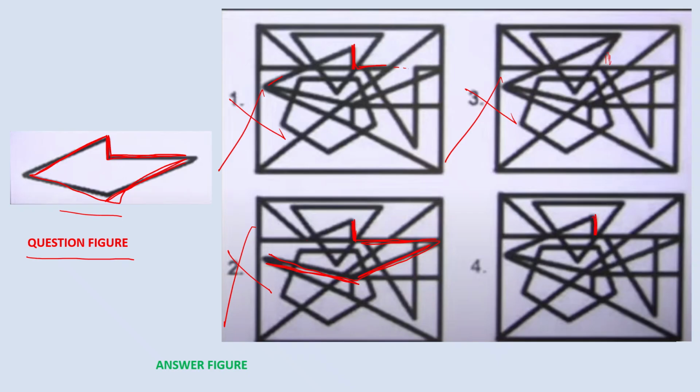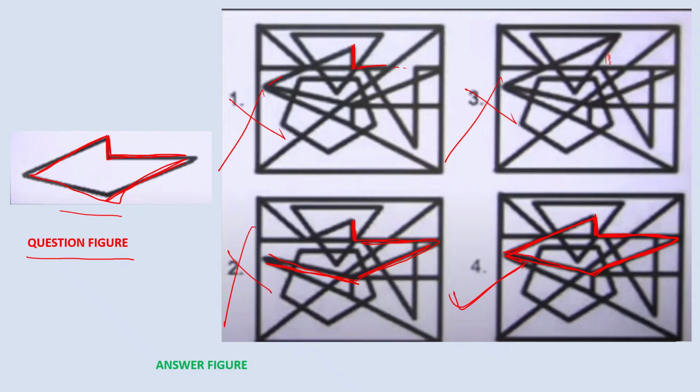Here you can see the L, then here, okay? Then when you come downward like this, and then here, and then this one. So the exact image without rotation you can see in option 4, correct? So option 4 is the correct one.